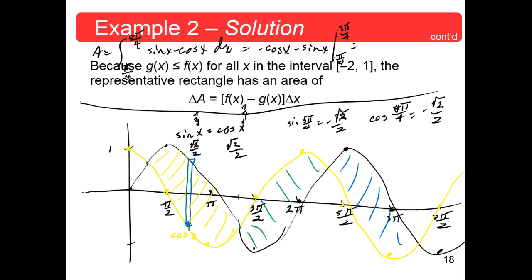We already had determined what cosine of pi fourths was, and what was that again? Negative, but we got a negative in front of it, so that gives us a square root of 2 over 2.